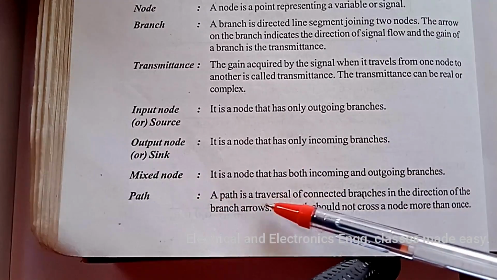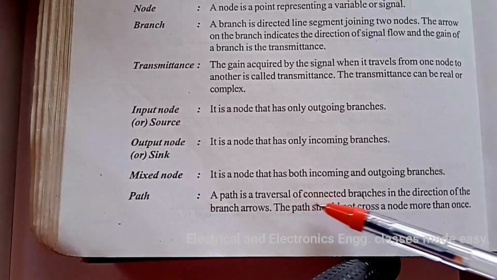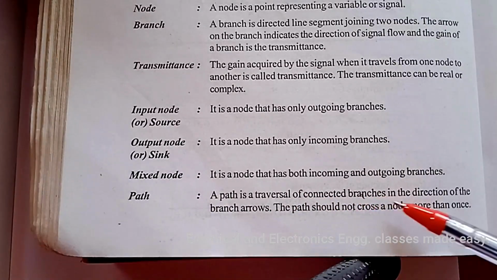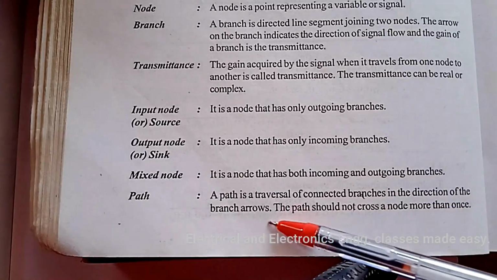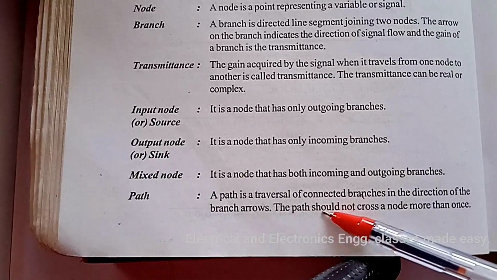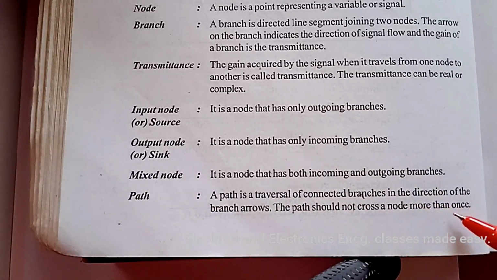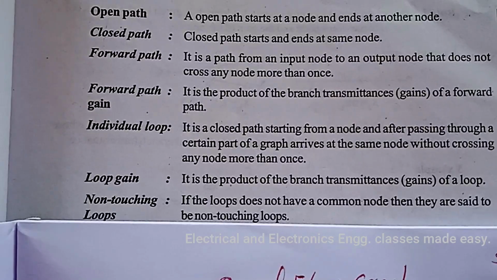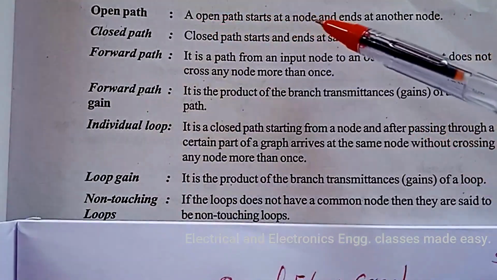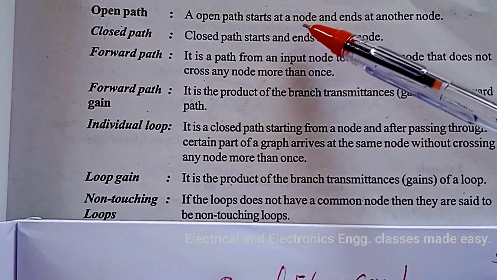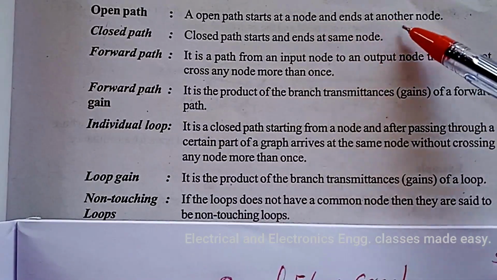Then path. A path is a traversal of connected branches in the direction of the branch arrows. The path should not cross a node more than once. Open path. An open path starts at a node and ends at another node.